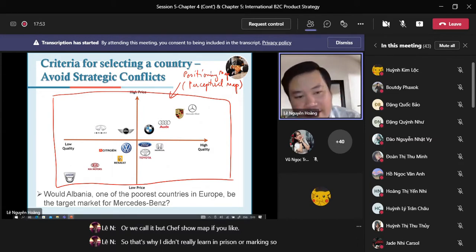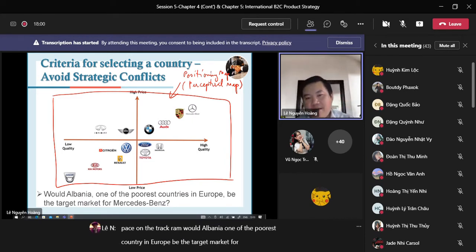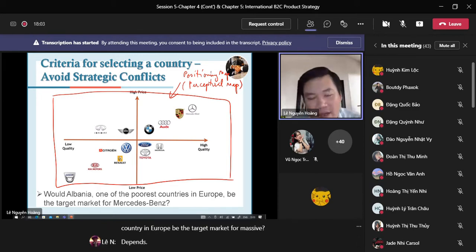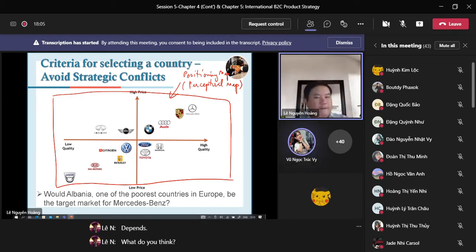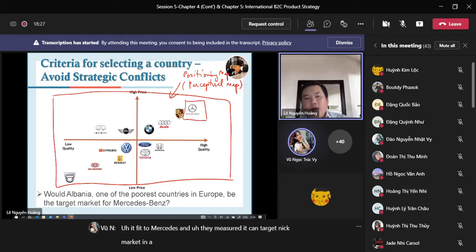So based on this diagram, would Albania, one of the poorest countries in Europe, be the target market for Mercedes-Benz? What do you think? I think Albania has low income conditions, and it fits Mercedes, and Mercedes can target a niche market in Albania.